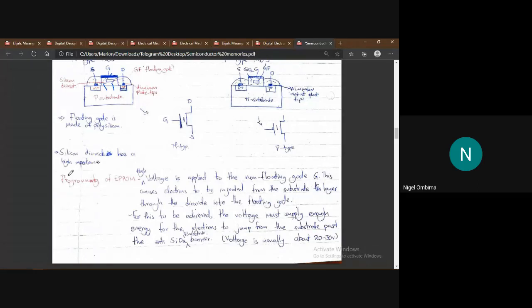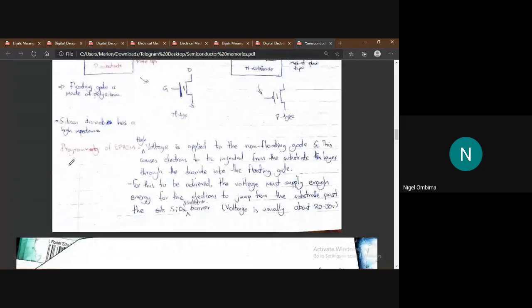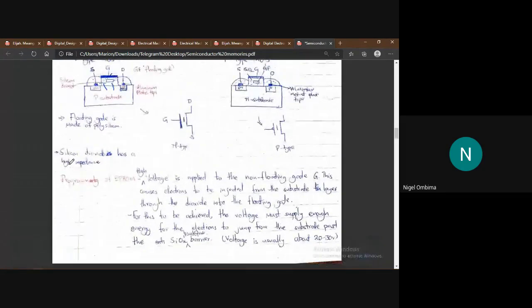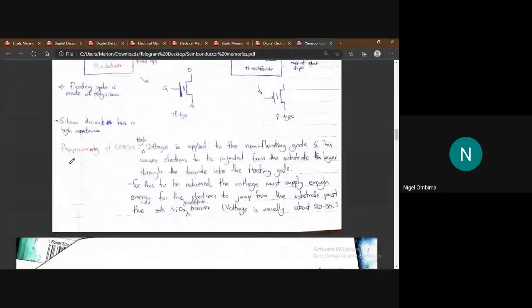For programming to be achieved, the voltage must be large enough to excite the electrons such that they jump from the substrate past the silicon dioxide barrier. The voltage is usually 20 to 30 volts. Some books say 35.